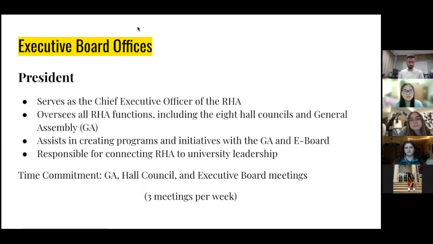Awesome. So this is all about the position that I currently hold. Well, you know what a president does. They are the chief executive of a body, and that's RHA. I oversee the RHA functions, so I am in communication with all the hall councils as well as the General Assembly.